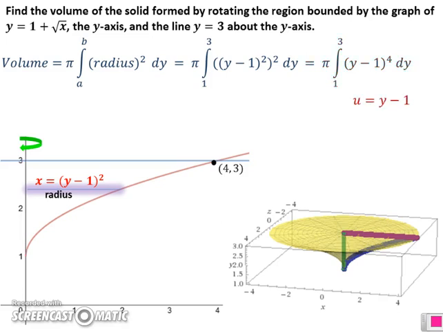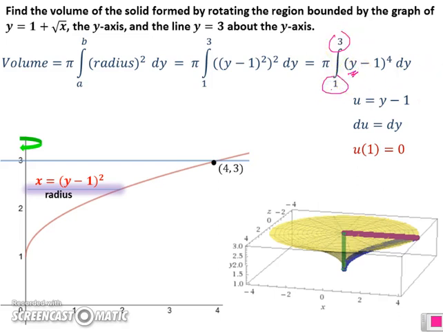The u is y minus 1. The derivative of u with respect to y is just going to be 1 dy. So we can replace this piece with a u and the dy with a du. So you can rewrite that integral as u to the 4th du, but be careful because these limits of integration belong to the y.